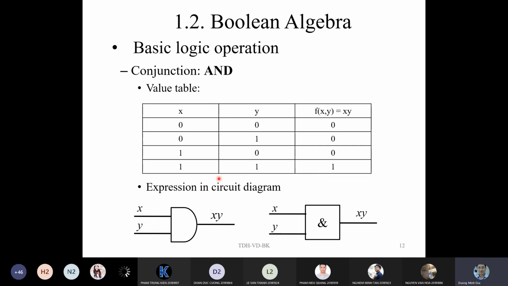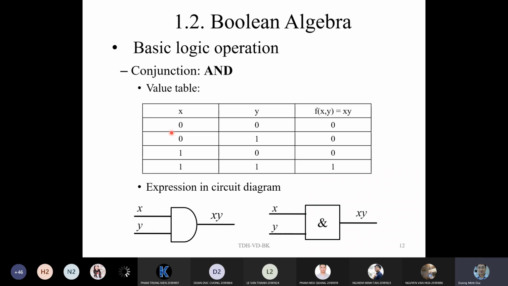So we can make the conclusions. The conjunction of the two variables only equals 1 if all variables equal 1. It will equal 0 if at least one variable equals 0. Okay, so this is a conjunction, or for simplicity, we call this a logic multiply.